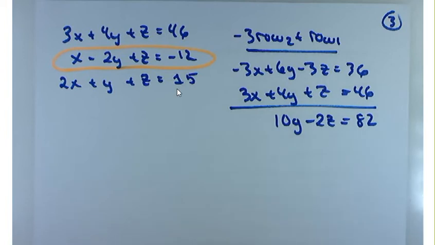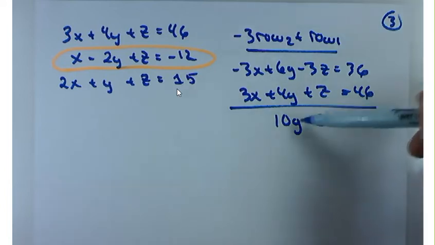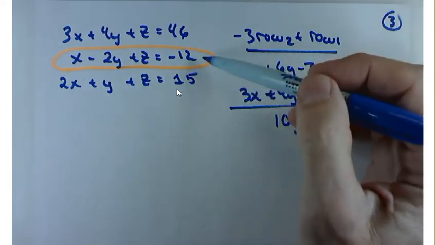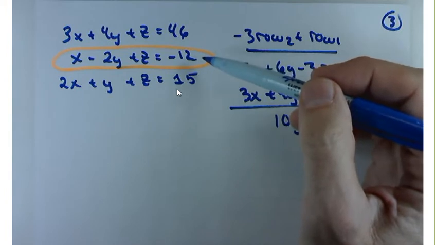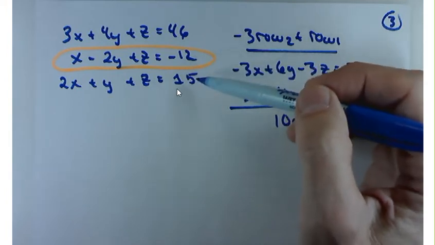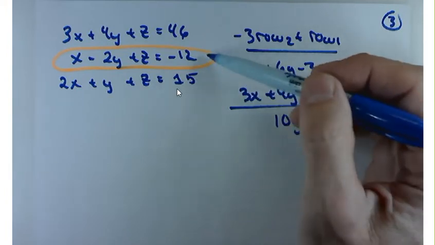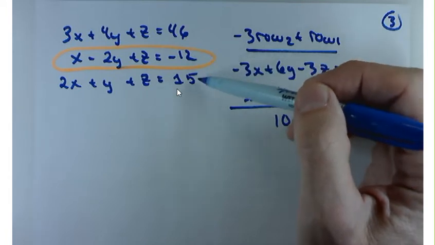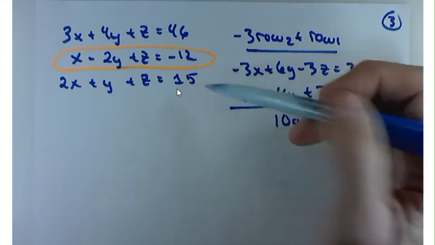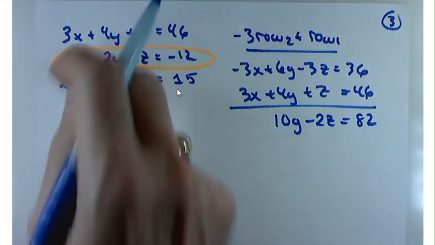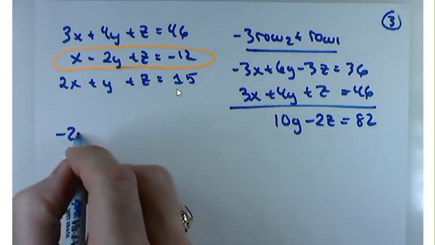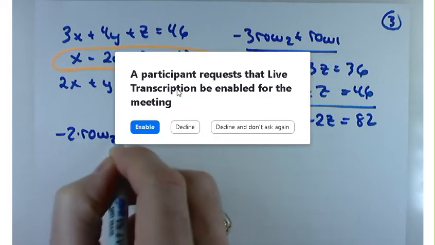We need to get another equation that we've eliminated the y from. So since I'm using this equation twice, I'll use this to eliminate the y down here. What am I going to multiply this by to get rid of the y here? So negative 2 times row 2 added to row 3.